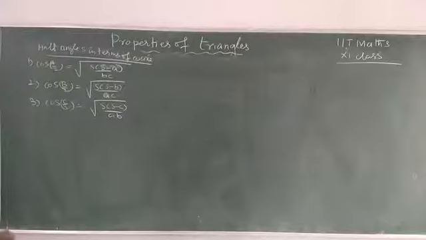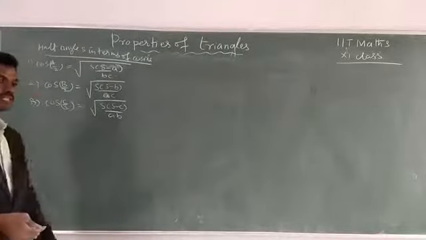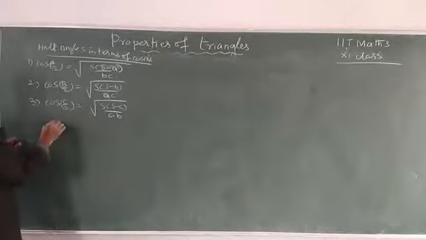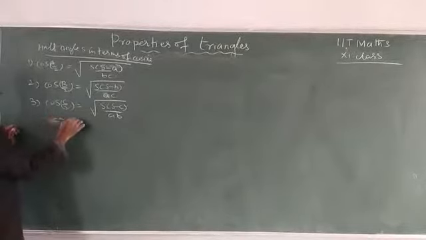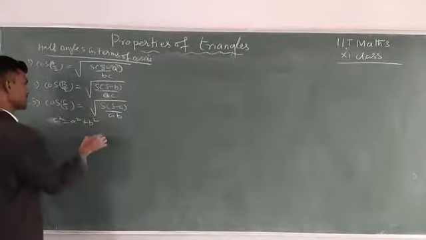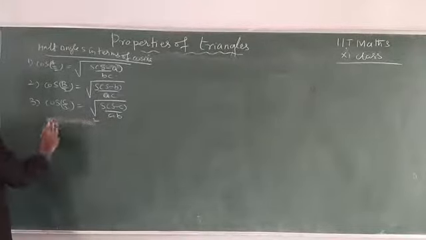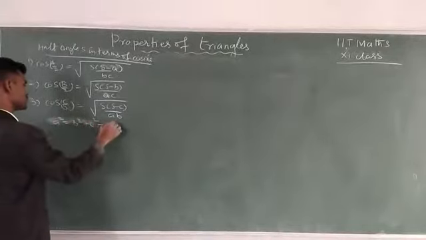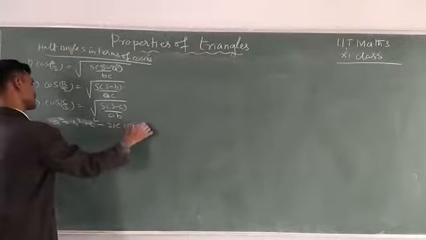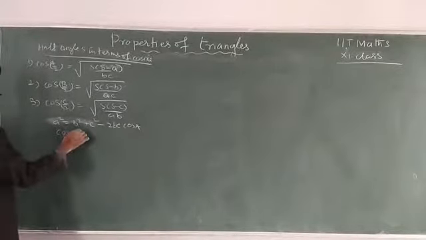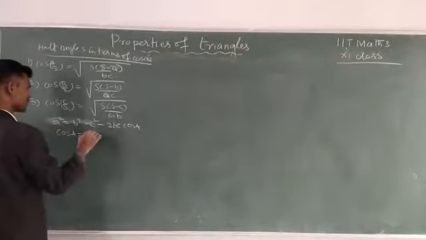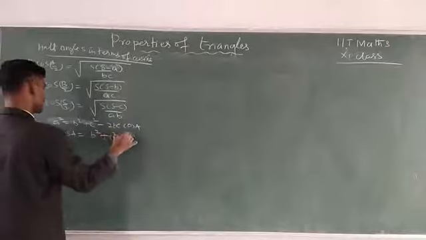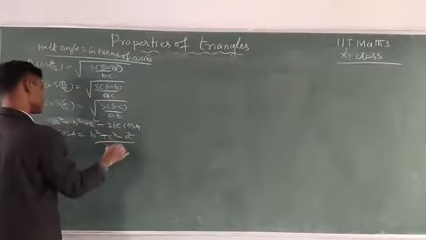Okay, now half angles in terms of cosine. See here, already we know that c square is equal to a square plus b square, or a square you can take here, a square is equal to b square plus c square minus 2bc cos A. Actually here I want cos A is equal to, same as this you can write, (b square plus c square minus a square) by 2bc.